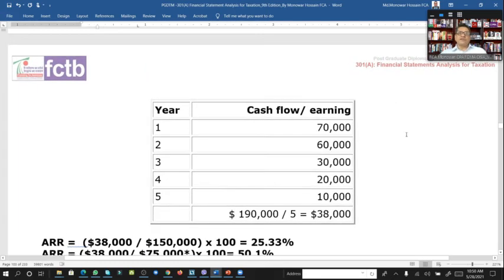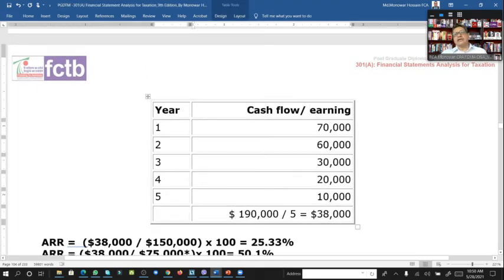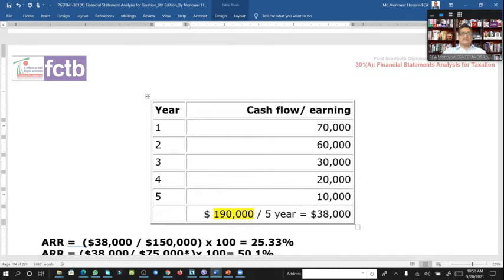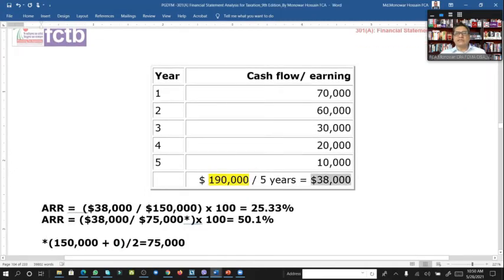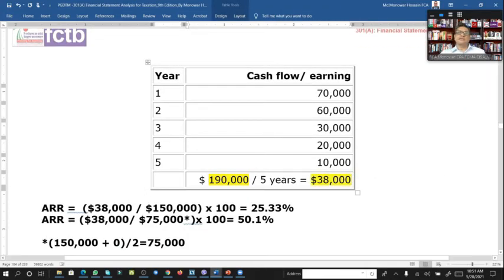The cash flow is assumed to be the earnings. So the total 5 years cash flow comes to 1,90,000, and if we divide by 5 years, we will get 30,000 as the average profit per year.